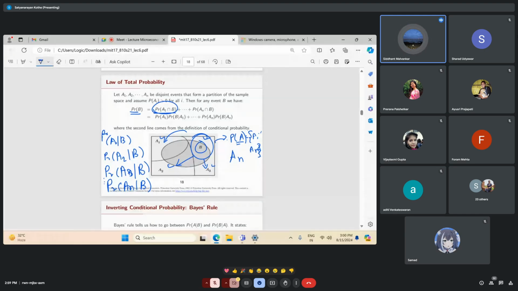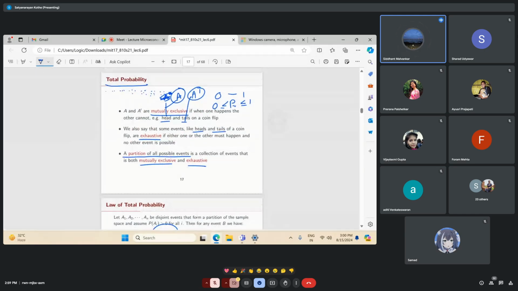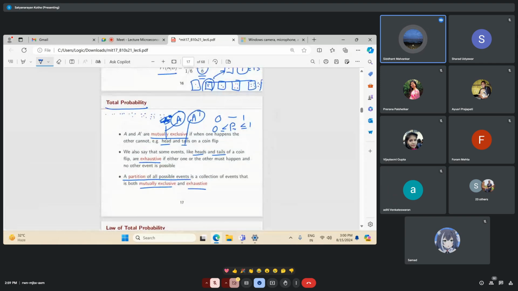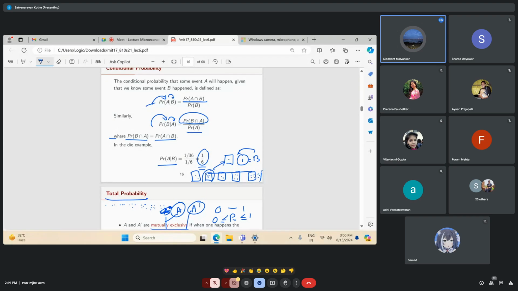Now, if we define this, then the probability of the intersection of A and B, if you redefine this and take the probability of A intersection B to the left hand side and the rest to the other side, will be probability of B times the conditional probability of A given B. Correct?